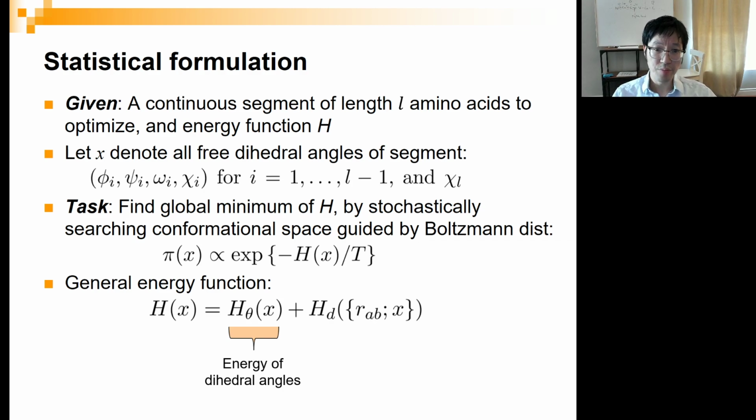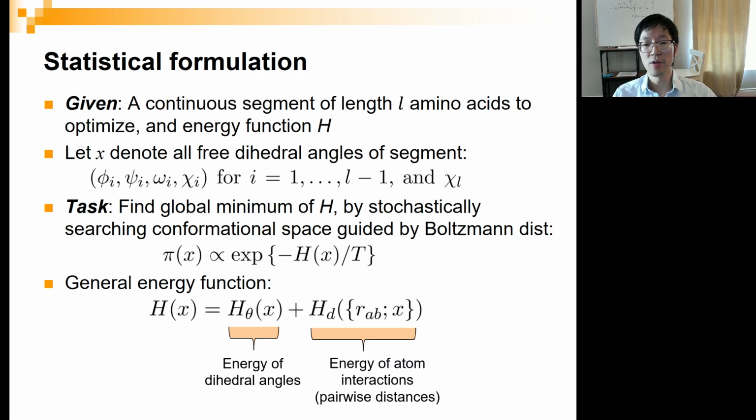And so the second component is in regards to the energy of atomic interactions. Okay, so as I showed you, the protein structure is really composed of a large number, potentially thousands of atoms, that form that stable conformation because they have favorable atomic interactions in that conformation.